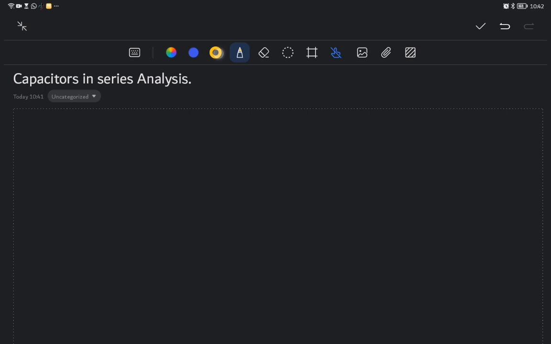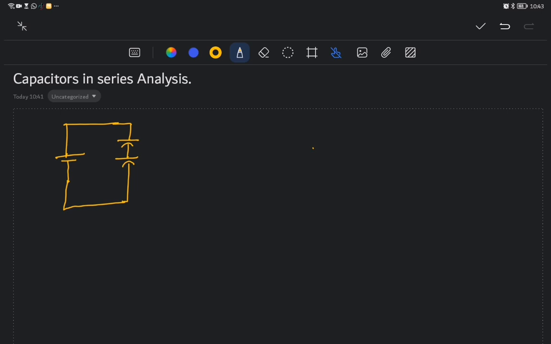So let's say we're given a certain circuit. And you have a capacitor there. Just write it this way. Then you have another capacitor there, right?